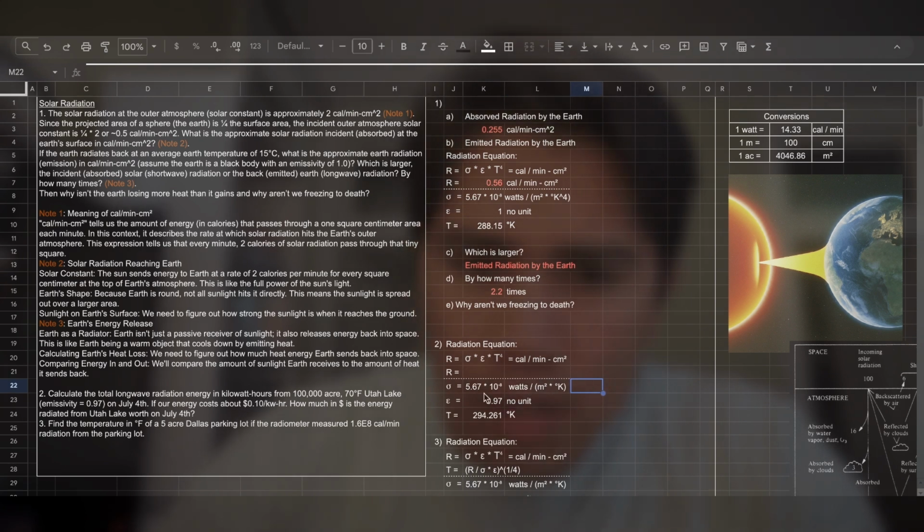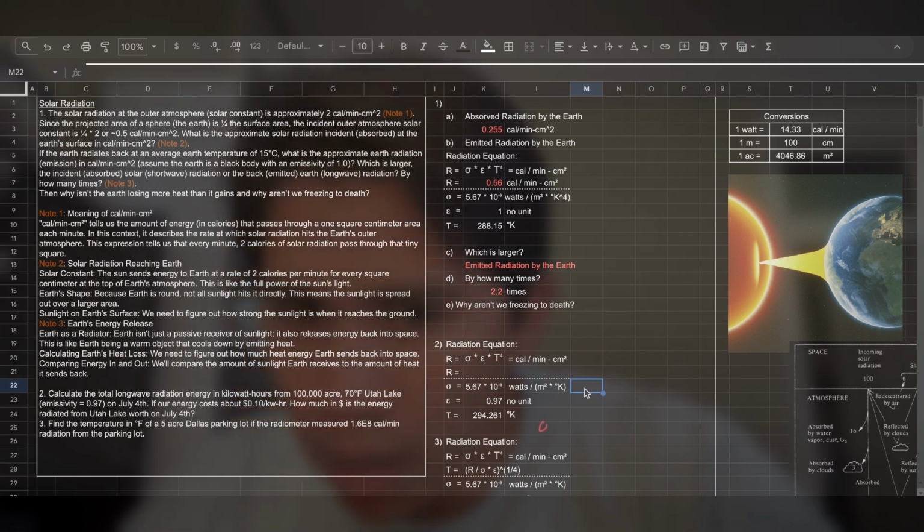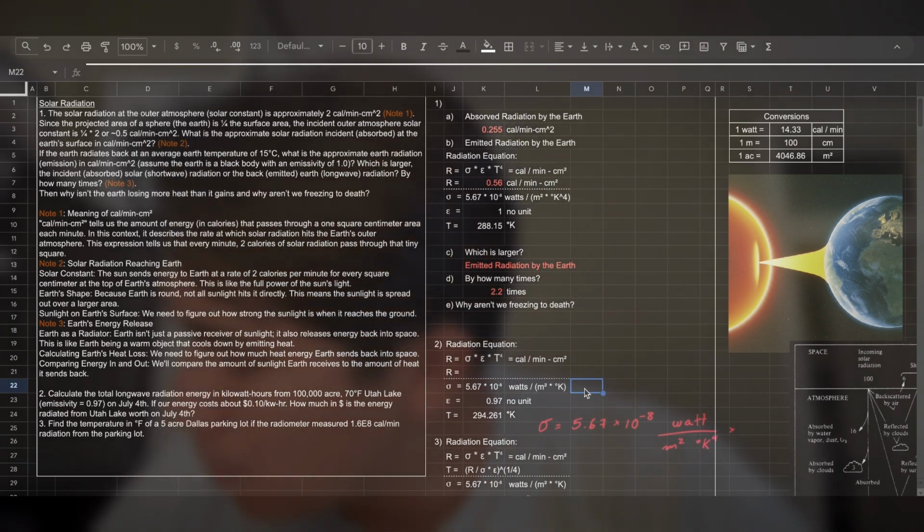So let's convert this sigma value into kilowatts, where sigma equals 5.67 times 10 to the negative 8 watts per square meter Kelvin to the fourth. In 1 kilowatt, there are 1,000 watts, right?